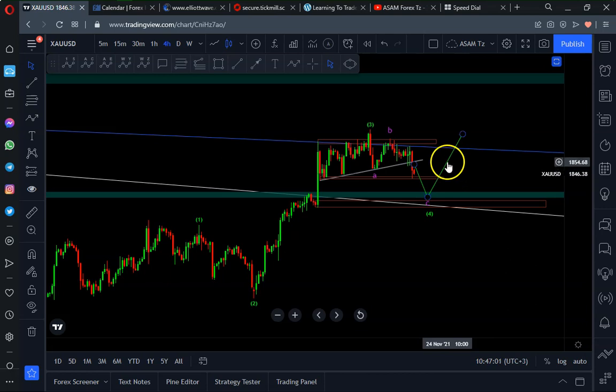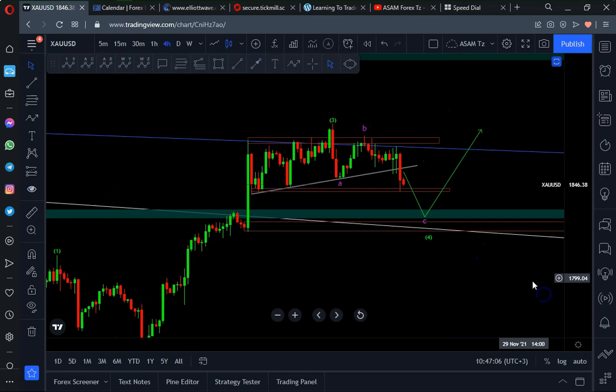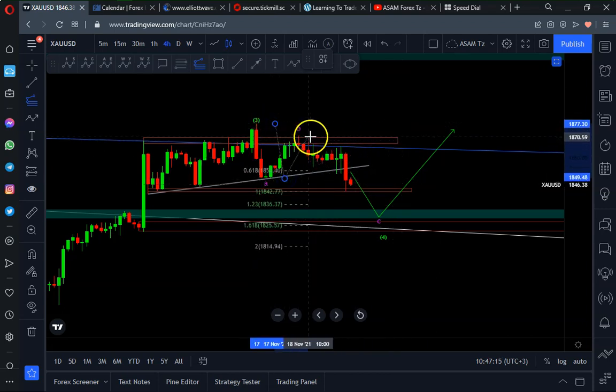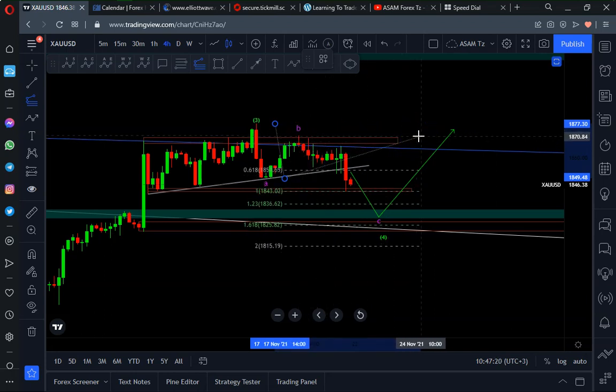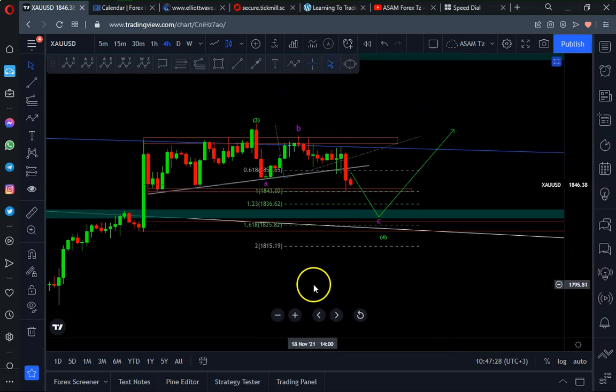Now, how deep this movement to the downside is going to be, as usual, we can incorporate Fibonacci extension, whereby we start from the beginning of wave A to where it ended, then we project it from wave B, putting it at that level of wave B. You will find that wave C, in most cases, is expected to move to about 1.618 of wave A, but sometimes it may move to 1.23 or anything else.